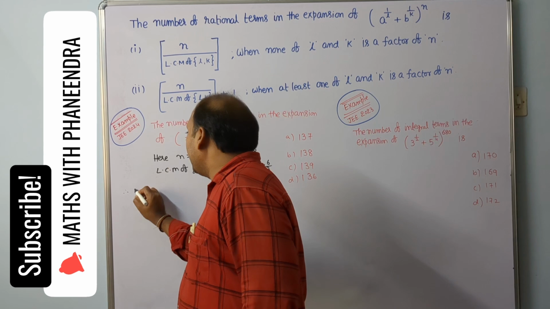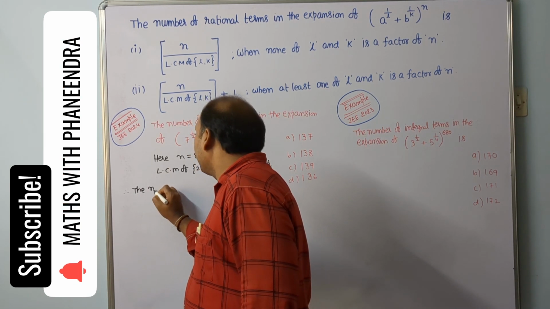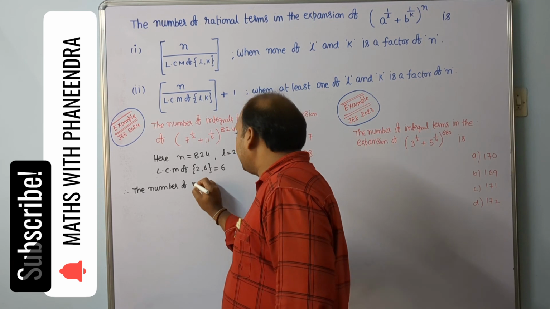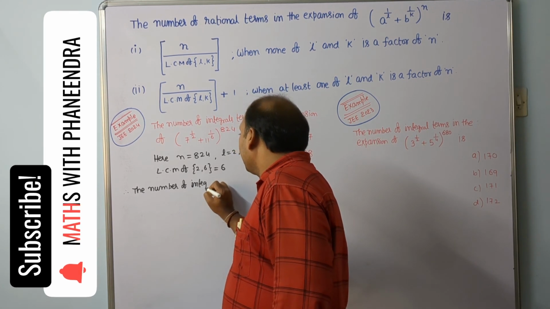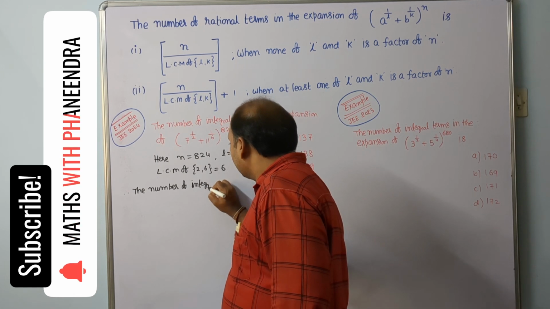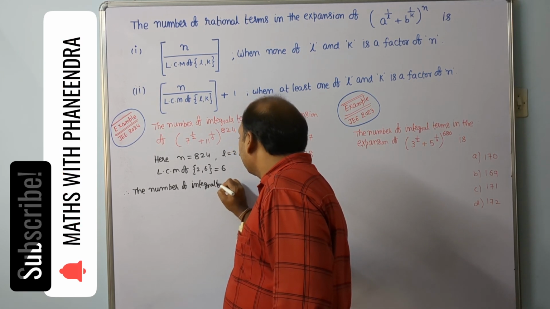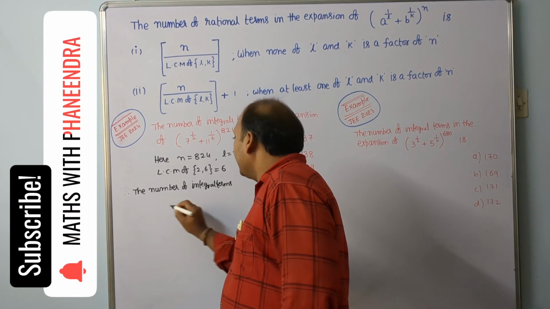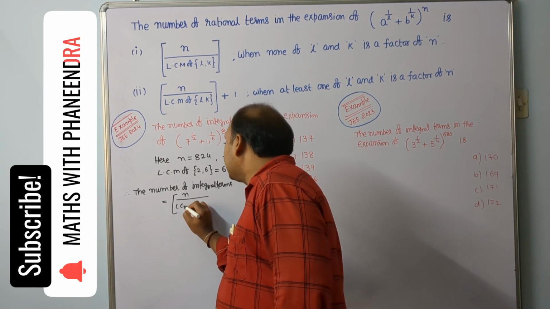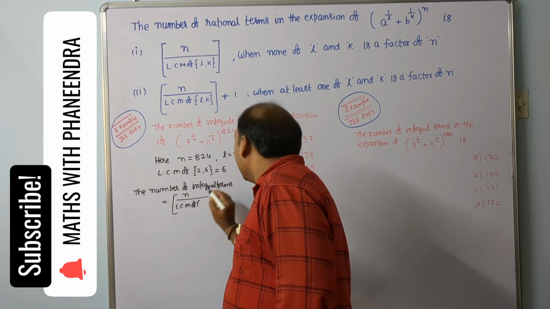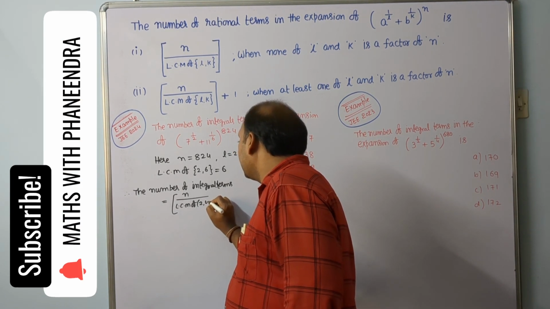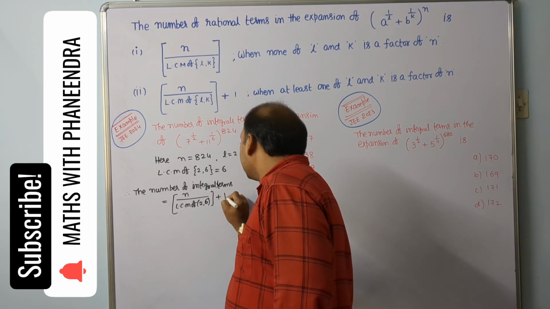Therefore, the number of integral terms is equal to n by LCM of L and K, that is 2 and 6, plus 1.